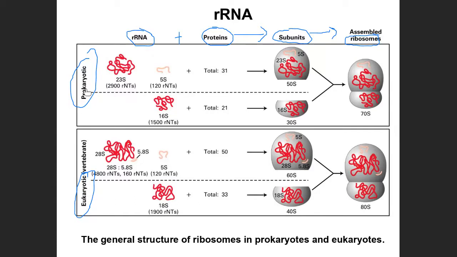For both eukaryotic and prokaryotic ribosomes, they are formed by ribosomal RNA that complexes or comes together with proteins, forming two types of subunits, either a large ribosomal subunit, or these ribosomal RNA and proteins will form a small ribosomal subunit.